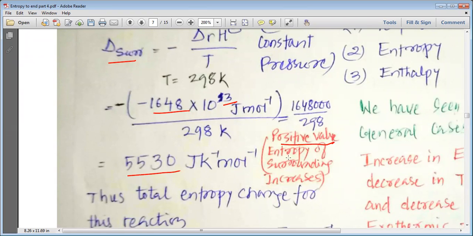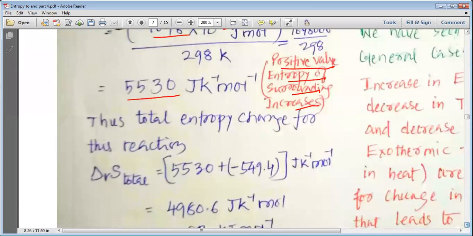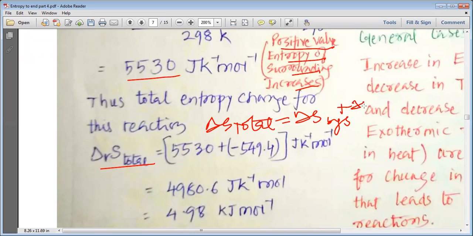The positive value of entropy of surrounding shows that the entropy of the surrounding is increasing. So as the entropy of system decreases, entropy of surrounding increases. Now we know that delta S total is equal to delta S system plus delta S surrounding. So let us put the values.